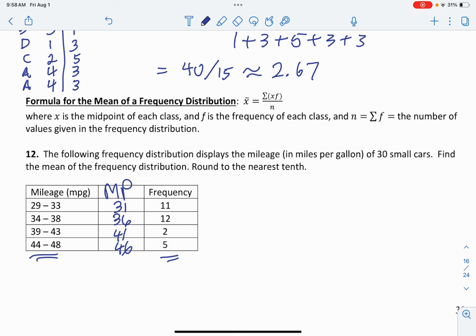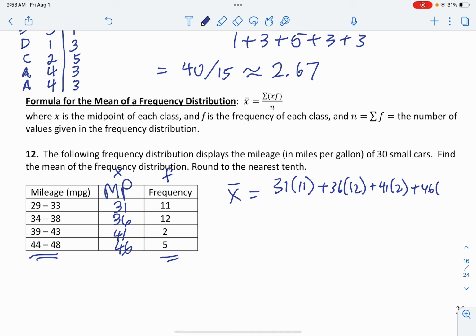Okay, and then now you have it set up just like before. We have these are going to be our x's, the midpoints, and then we have our frequencies. So the structure will look just the same, right? You're going to multiply pairs. That, and then you're going to divide by the sum of the frequencies. 11 plus 12 plus 2 plus 5, or we already know that's 30, so we can just divide that by 30.